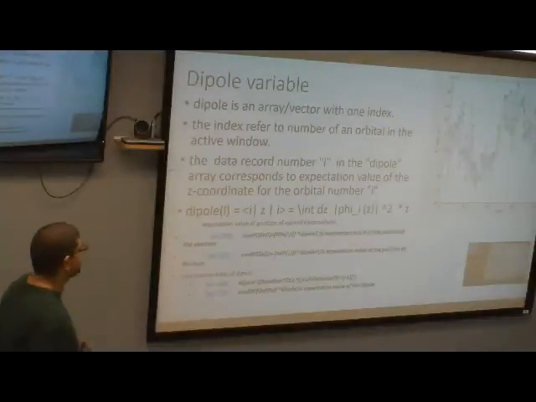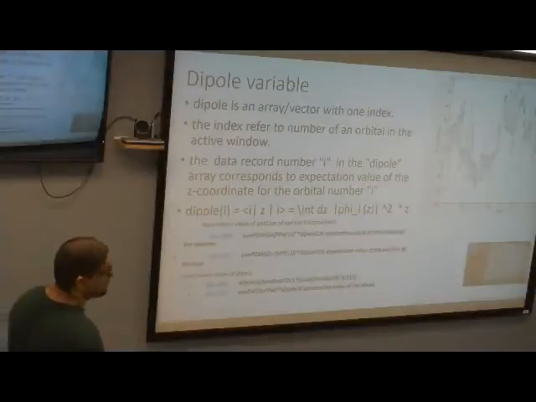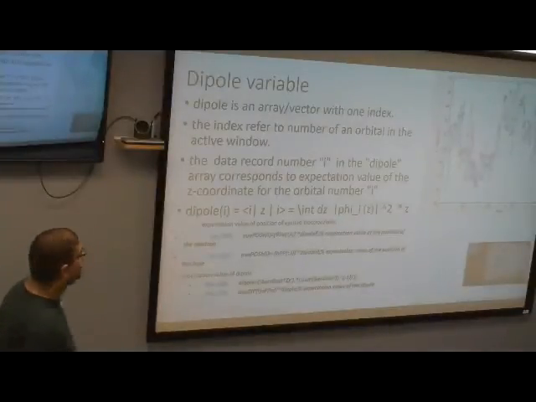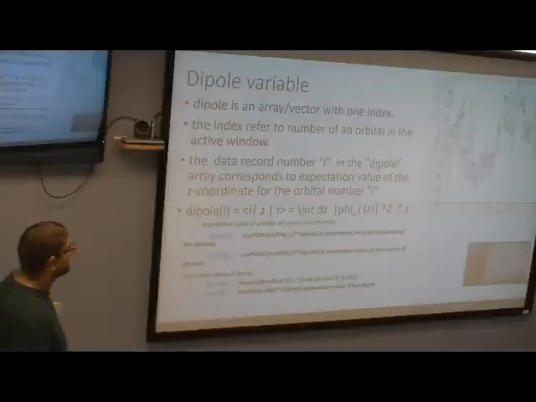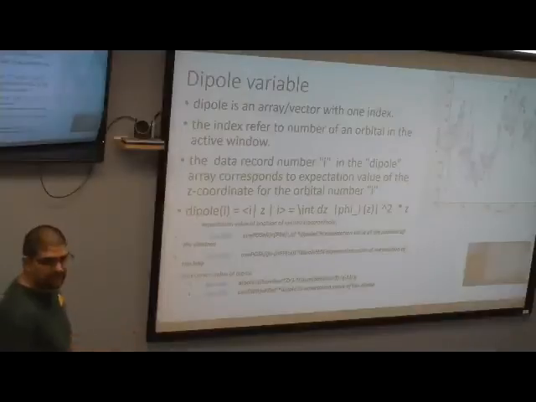All right, the next thing I'm going to talk about is the dipole variable. The dipole variable is an array or a vector with just one index, and this index refers to the number of that specific orbital which it's talking about.